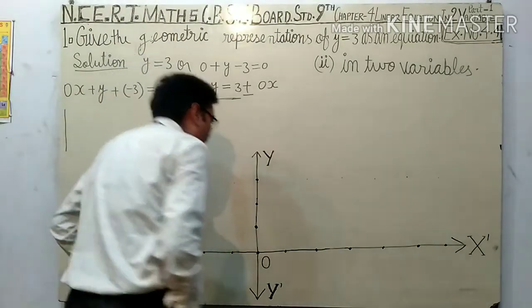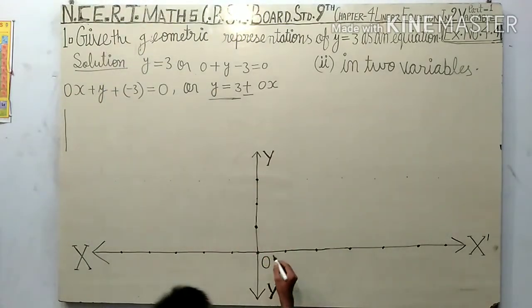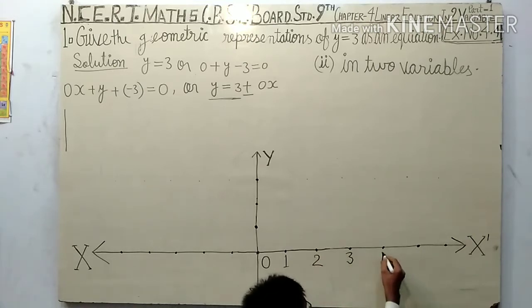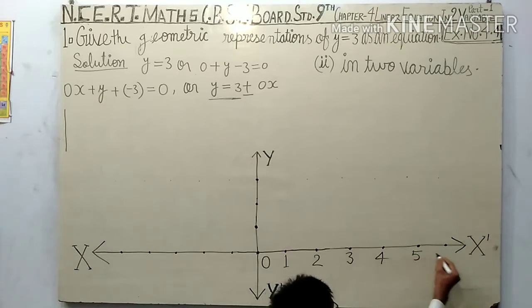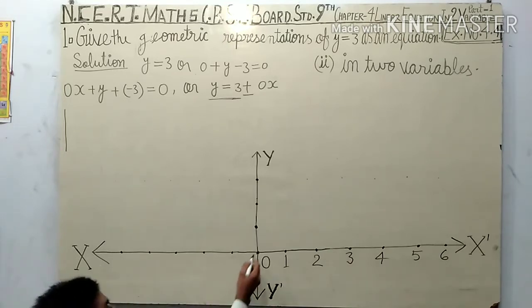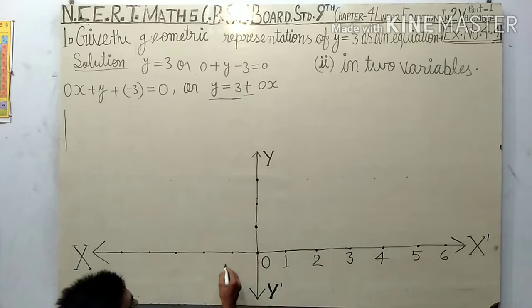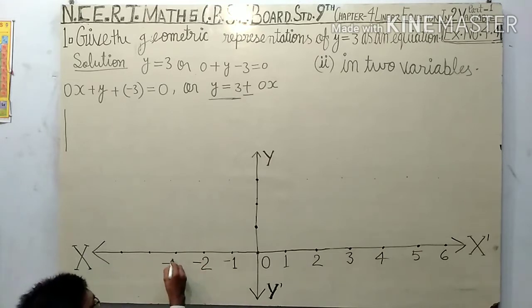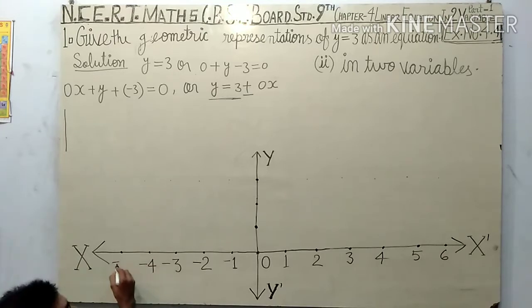Now we draw the graph. These are the points on the x-axis: 1, 2, 3, 4, 5 and 6. This is the origin representing 0, then minus 1, minus 2, minus 3, minus 4, minus 5.